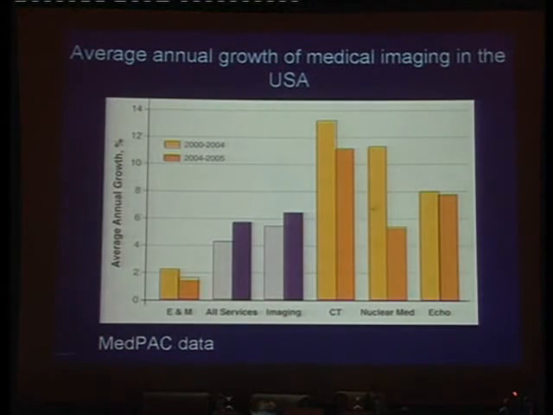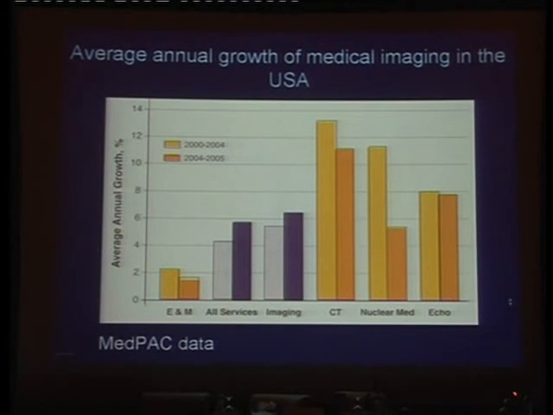Now, the appropriateness. What you see here are the United States statistics from 2000 to 2004 and 2004 to 2005, and you see that the applications for CT are going down a little. Nuclear imaging is seriously going down, and echo remains about the same.